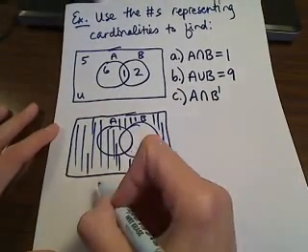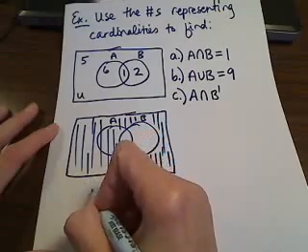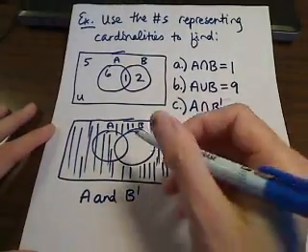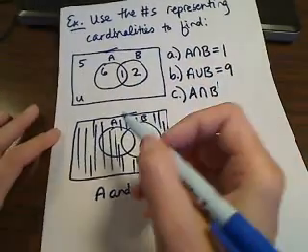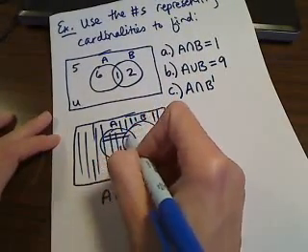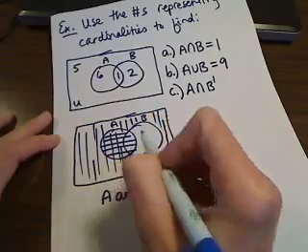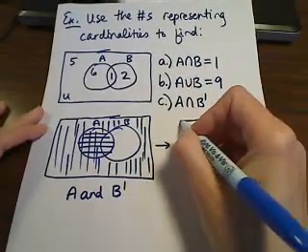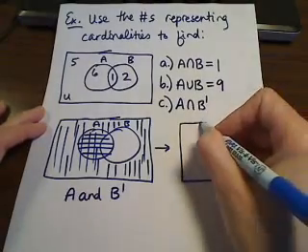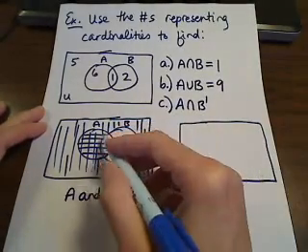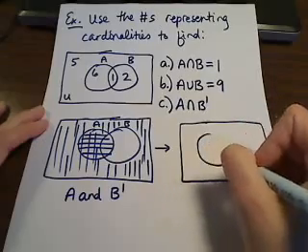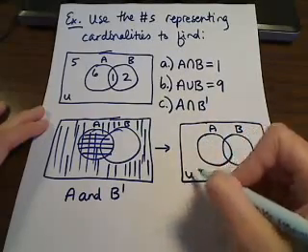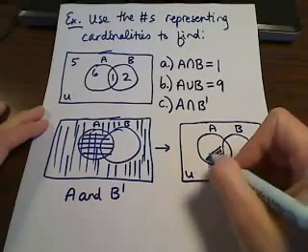And then if I wanted to also represent A in this same picture, so A and B naught is going in this direction. A is represented, I'm going to cross hatch mark it like this. If I were to take a look at the intersection of those, it would be wherever I have crosshatch, and that's going to be this region right here, all of this.